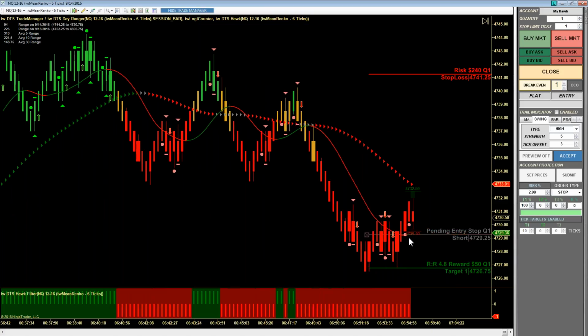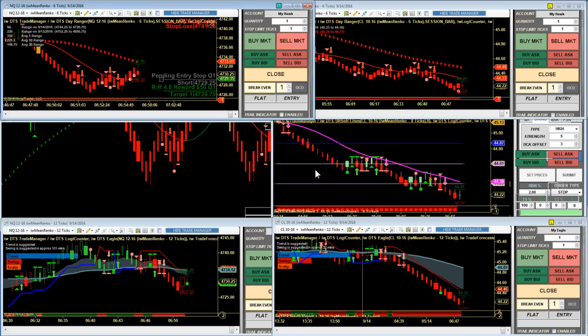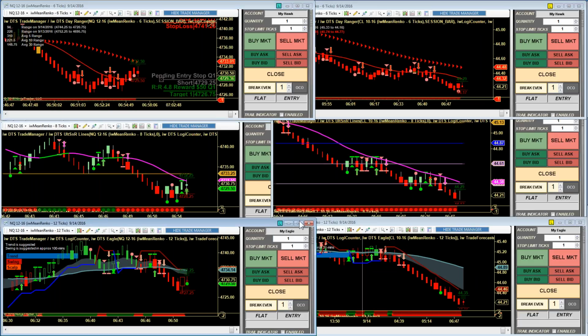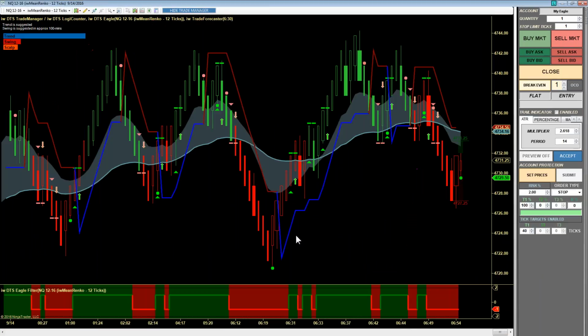So what we're getting now is a macro pullback. The market's struggling a little bit here. This may be the bottom end of a larger trading range, is it? Where's the overnight? No, not yet.